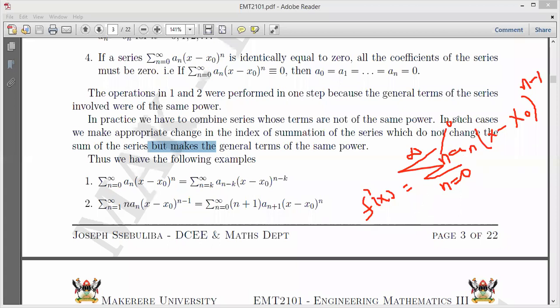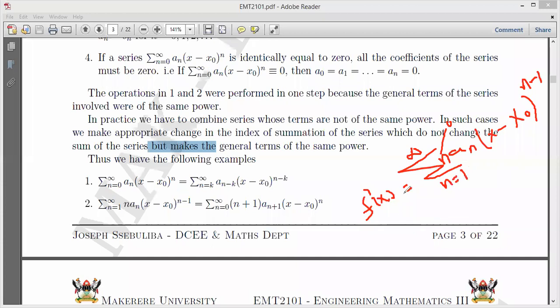So it means once you differentiate this, you are going to run from n equal to 1, not 0. So there is an upgrade down here, whereby we will now have to sum from n equal to 1.